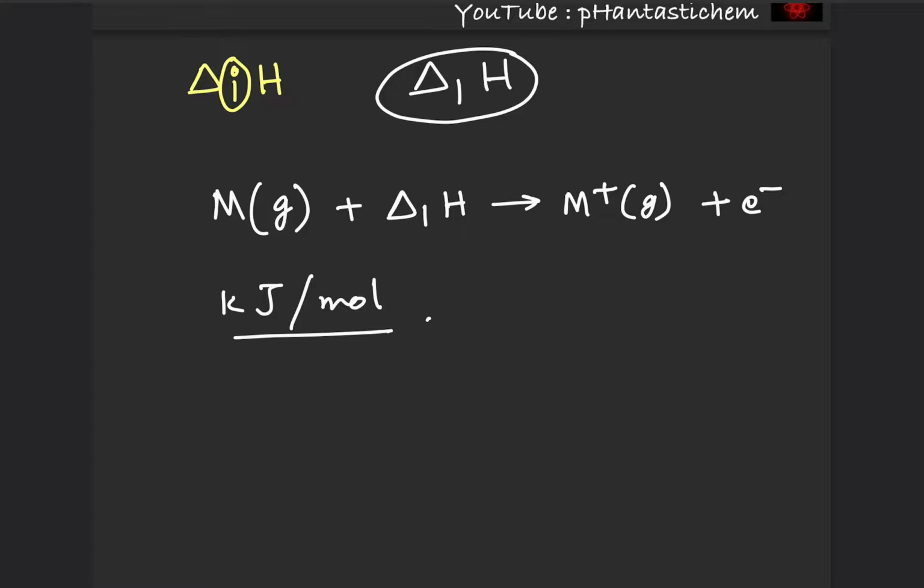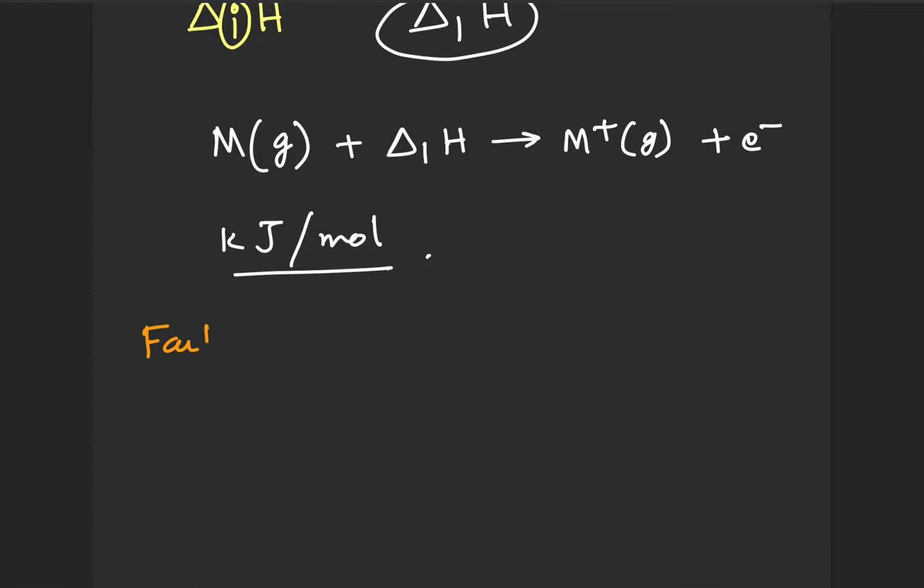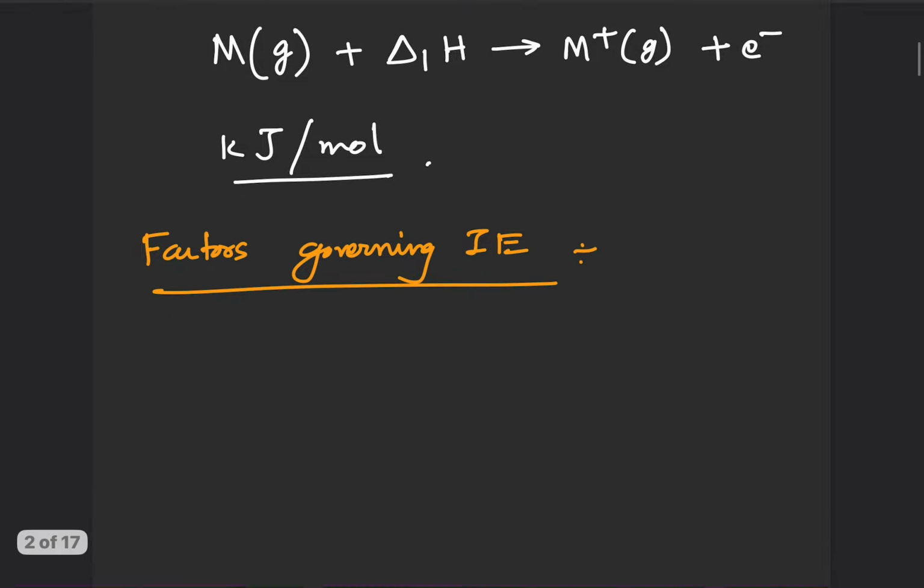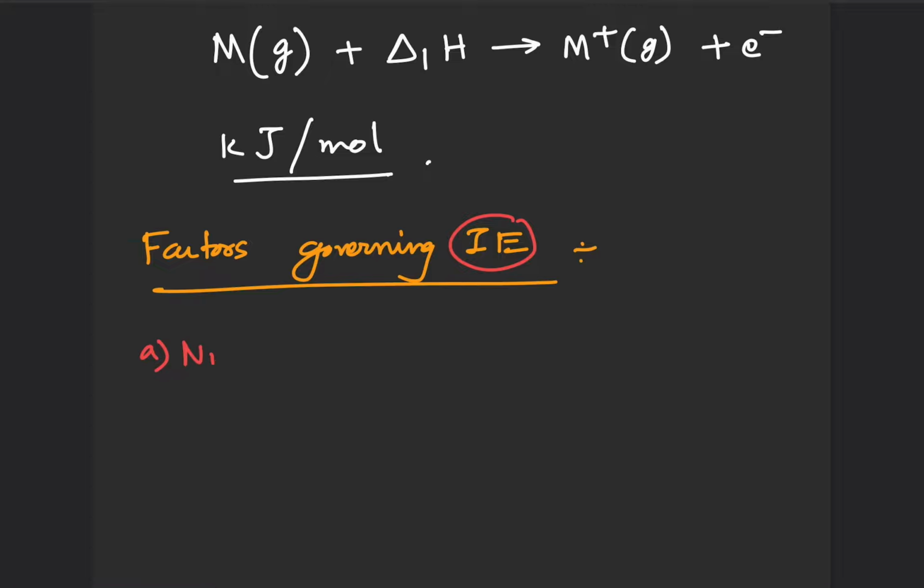Next we have to talk about the factors governing ionization energy. The first important factor which affects the ionization energy is nuclear charge.